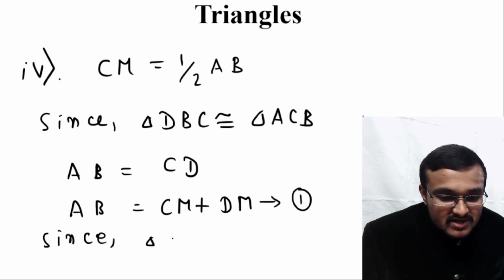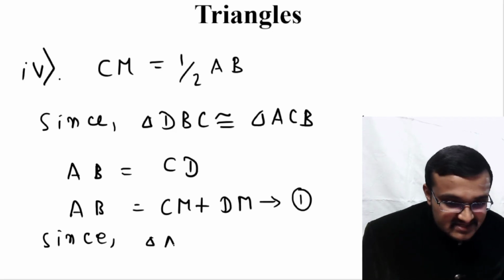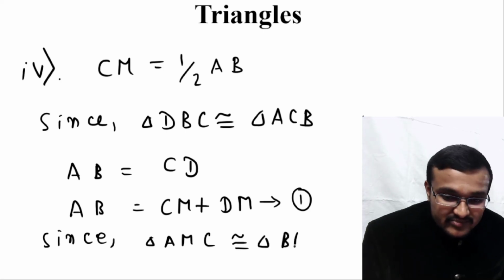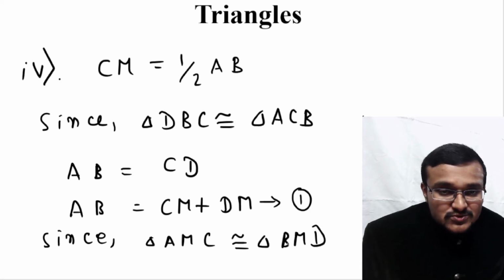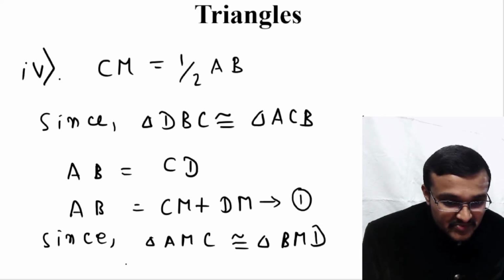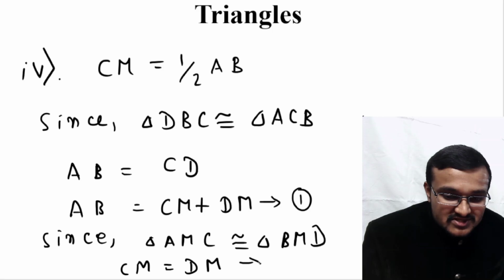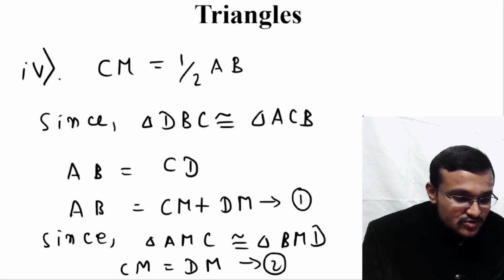And we have also proved that triangle AMC is congruent with triangle BMD. Since these two triangles are congruent with each other, CM is equal to DM. You can call this equation 2.